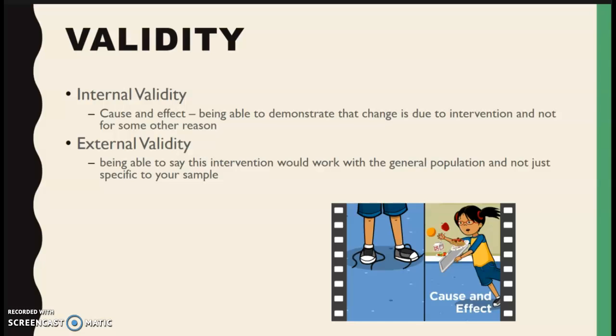So if we had a drug that we were testing, if we could clearly demonstrate that the symptoms of the participants improved because of the drug that we got, then that is internal validity. If we are confident that other people would have that same experience, then we are talking about external validity. Okay? So again, this is that being able to hit the bullseye over and over and over again, not just the random point on the target.